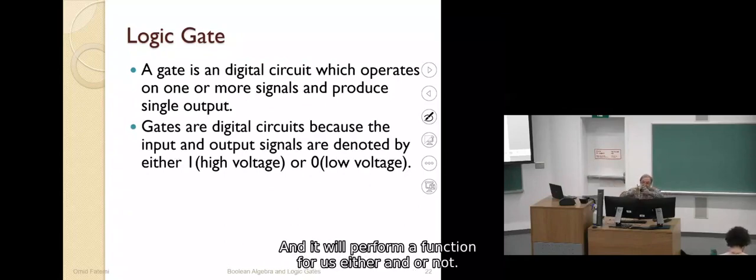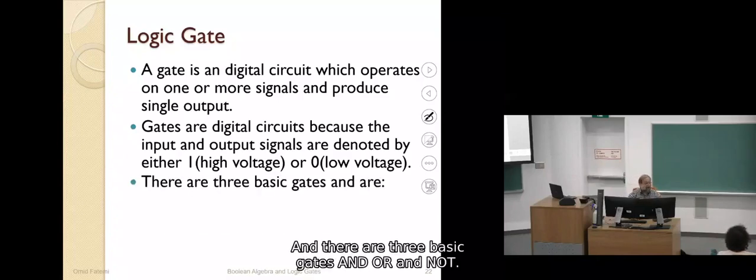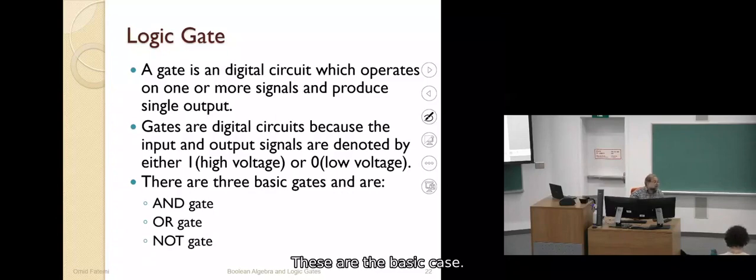It will perform a function for us, either AND, OR, NOT, or complex functions. Gates are digital circuits because the input and output are digital, only 0 and 1. There are three basic gates, AND, OR, and NOT. We have more gates, we will talk about that, but these are the basic ones.